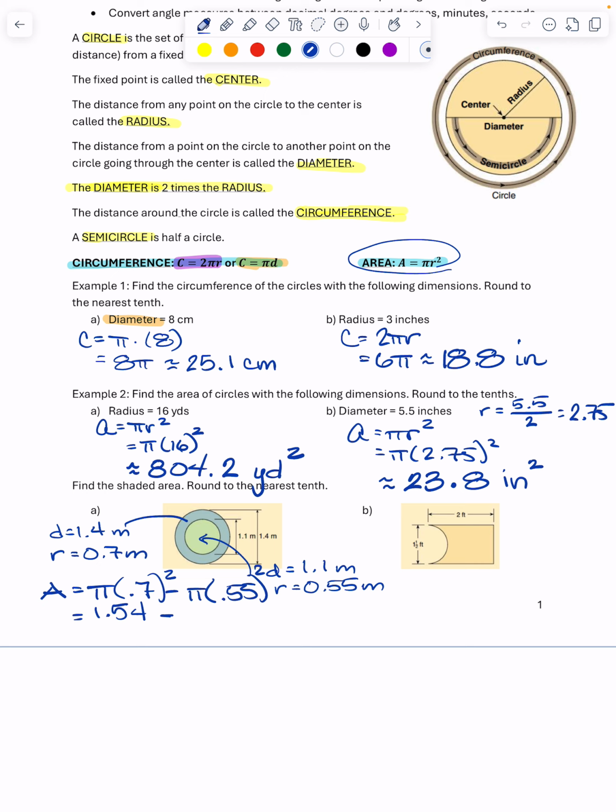So I'm going to take these answers to the hundredths. Zero point, what, 95033. When I subtract those, I get 0.589, 0.59, 0.6 square meters.